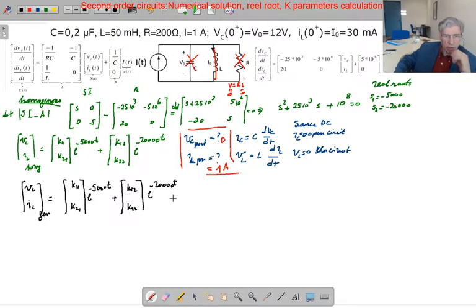So this is the homogeneous part of it, plus the particular solution: for VC particular solution is 0, for IL is 1. So that is homogeneous. That is particular.